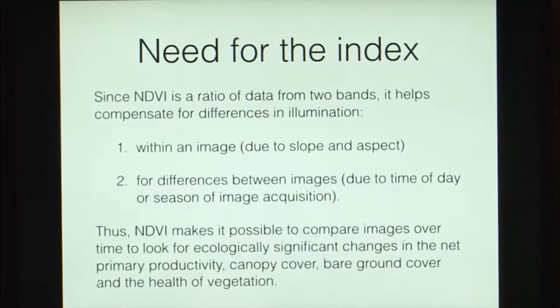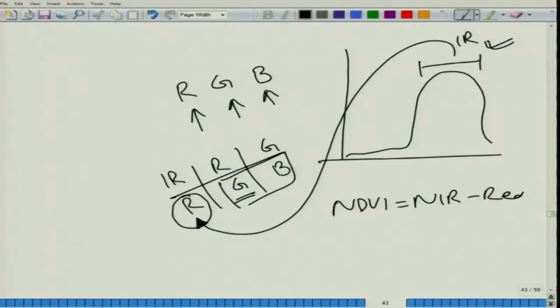So, why do we need this index? Since NDVI is the ratio of data from two bands, it helps to compensate for differences in illumination. Basically, NDVI is equal to NIR minus red divided by NIR plus red. Because this is a ratio, it helps to compensate for differences in illumination.